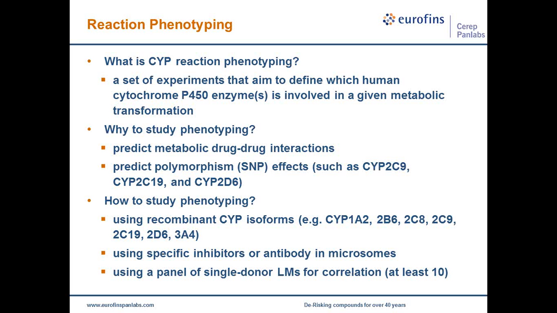The first method is using recombinant CYP isoforms to do the metabolic stability. The second method is using liver microsome, but with a specific inhibitor or antibody. And the third method is using a panel of single donor liver microsome for a correlation study. In the early stage, because metabolites are unknown, using recombinant CYP isoforms may be the only reliable method.